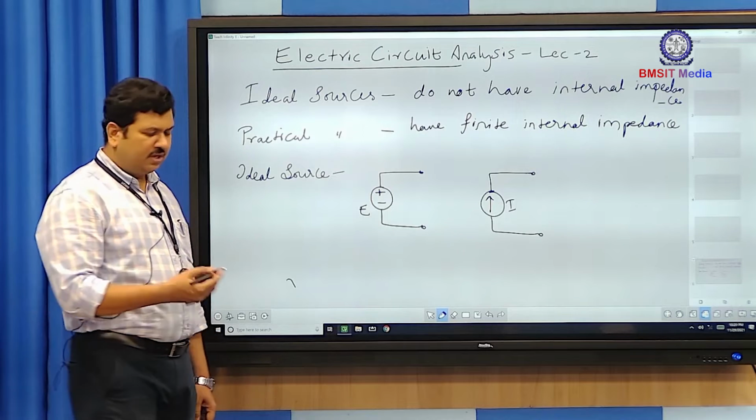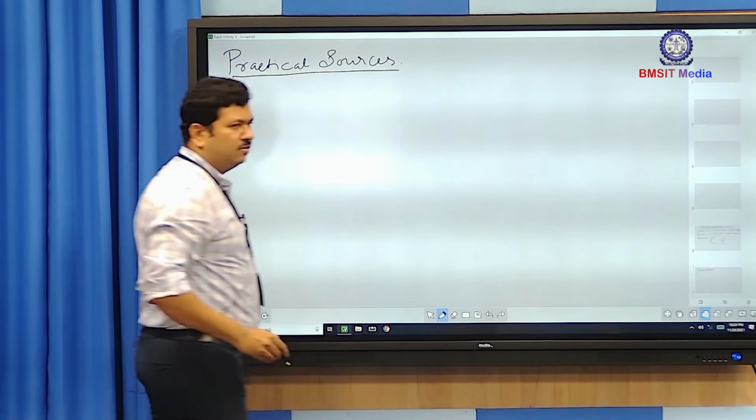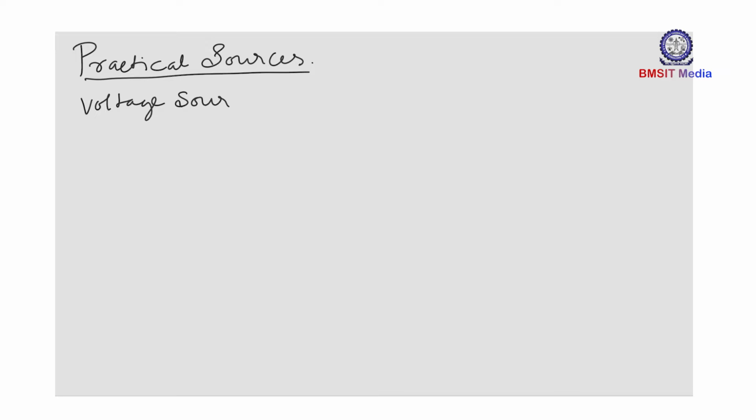The other sources are practical sources. Let us see how a practical voltage source and a practical current source are represented. Let us take the voltage source first.